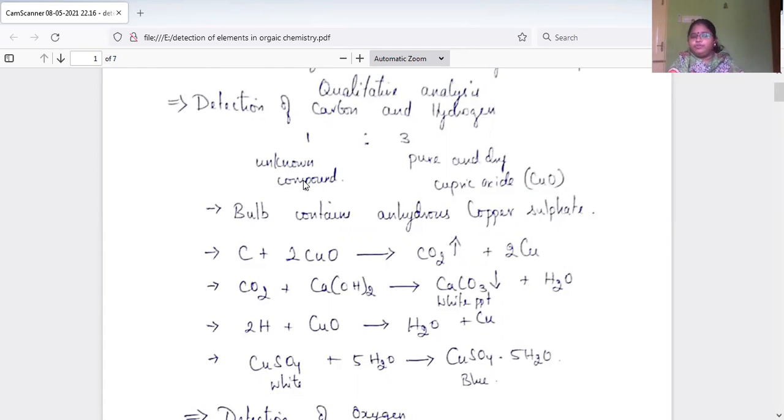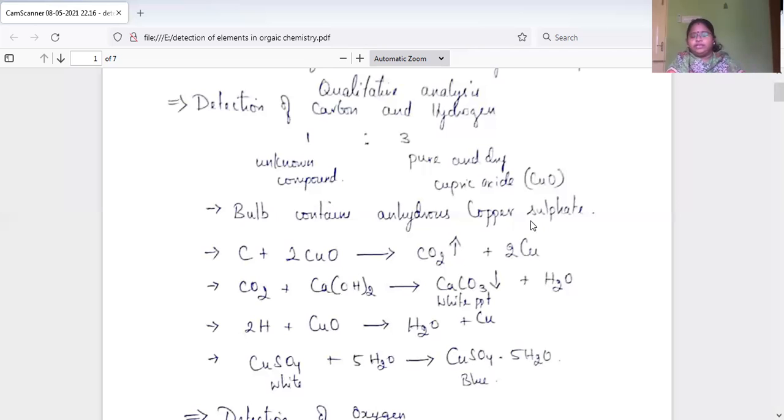So we have to take the unknown compound in 1 ratio, and 3 ratio of pure dry cupric oxide. So cupric oxide, okay, pure and dry. Why dry cupric oxide? Cupric oxide is hygroscopic. Hygroscopic in the sense like kind of deliquescent, how rock salt is deliquescent.